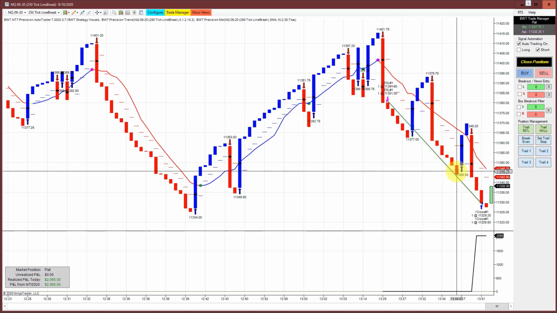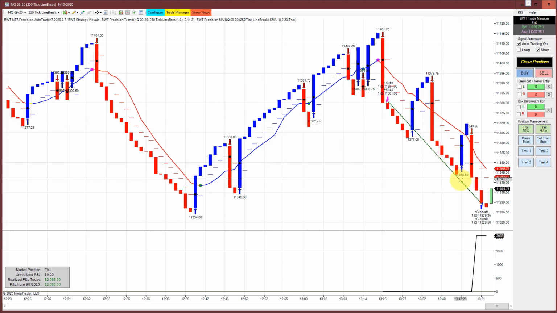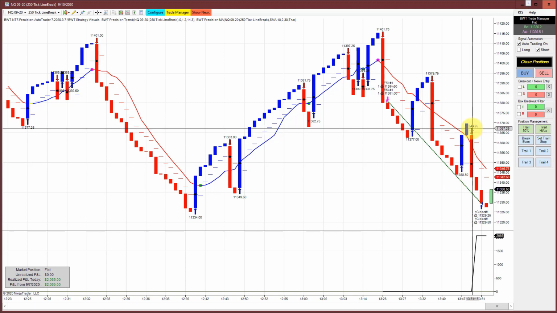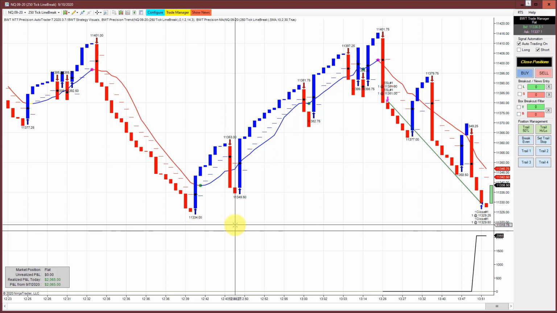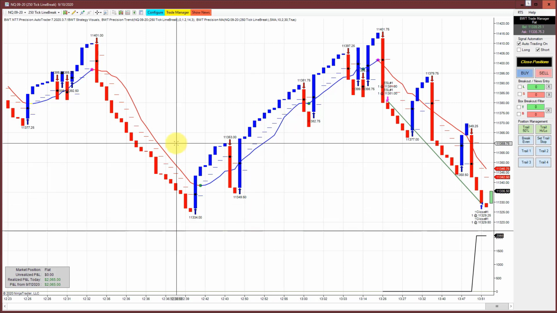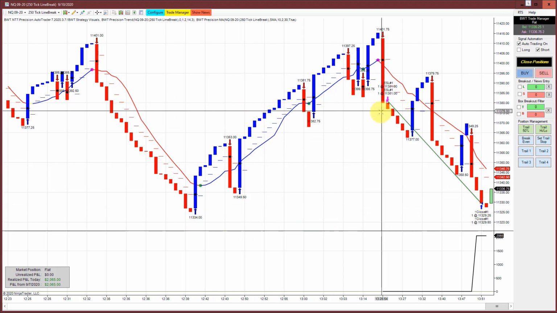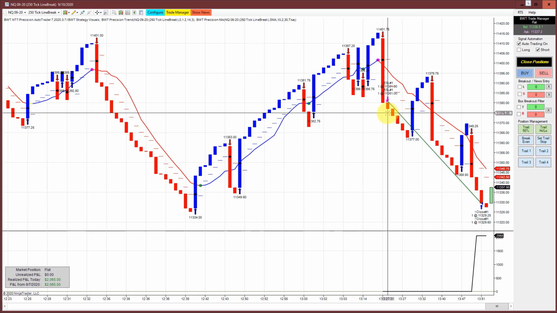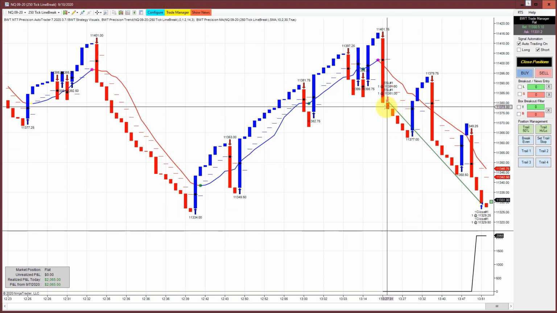And then same here, it was quite a bit of profit here, and then volatility brought it back, but it did hit its goal here. So pretty impressive on the line break chart, and it doesn't matter time of day. This can be traded at virtually any time of day.